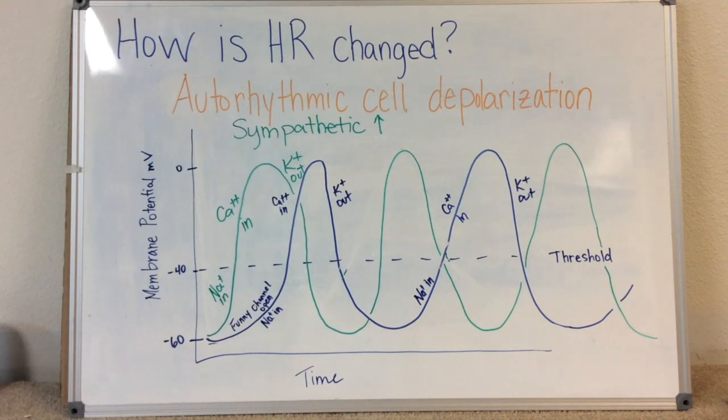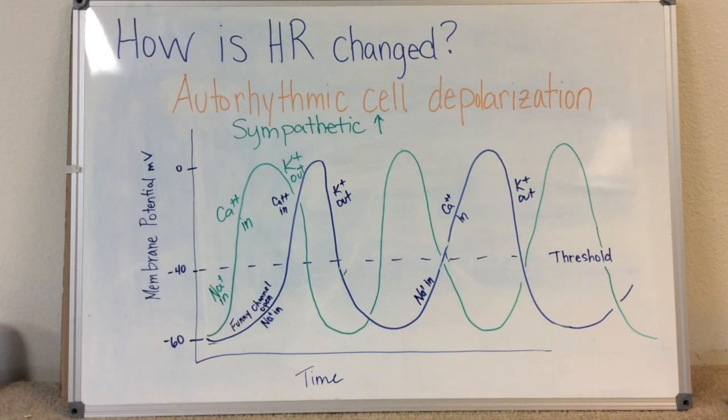As you can see, nothing changes in ion movement. Every single time the funny channels open to allow sodium into the cell until threshold is reached, calcium channels open at threshold to allow the action potential to be generated. Once peak potential is reached, potassium channels open to allow potassium to stream out of the cell, reestablishing resting potential.